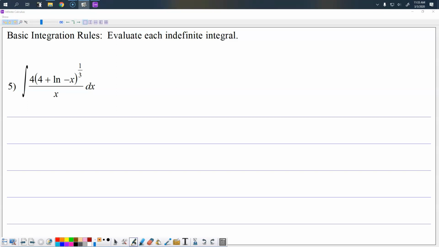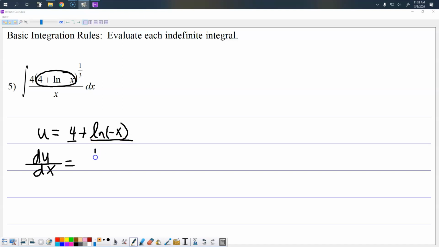It's another u sub problem. That's going to be my u. Okay. So the derivative of u with respect to x, the 4 goes away. Anytime you have a constant number being added, it just goes to 0. The derivative of that is 1 over negative x times the derivative of the inside, which is negative 1.